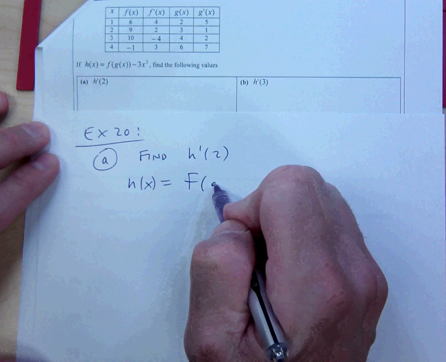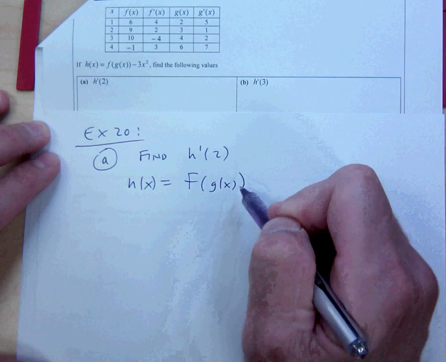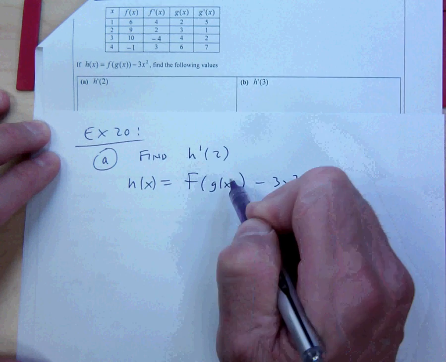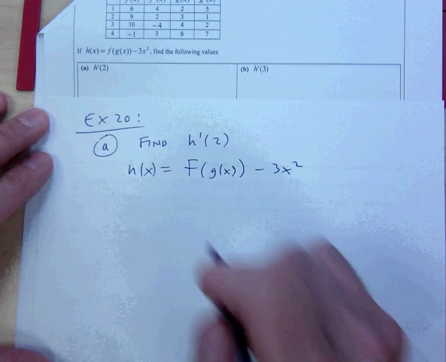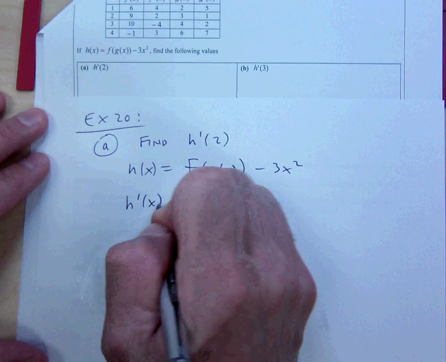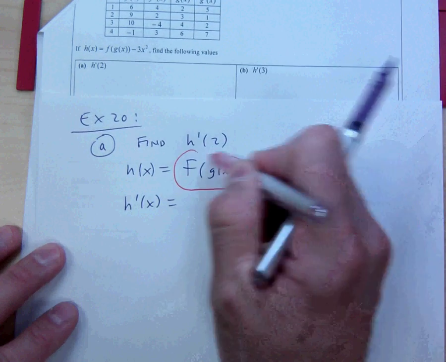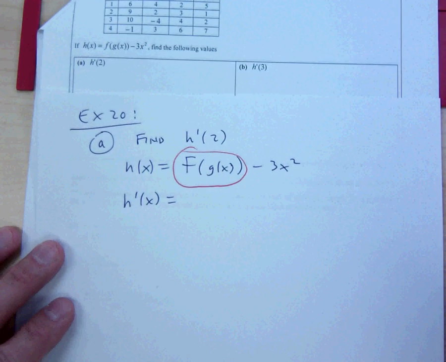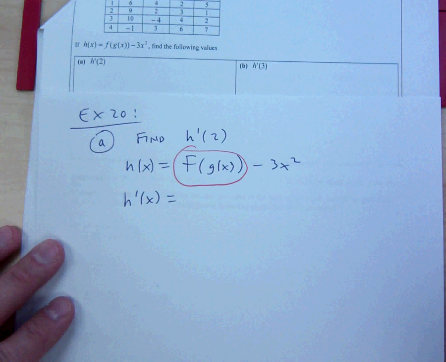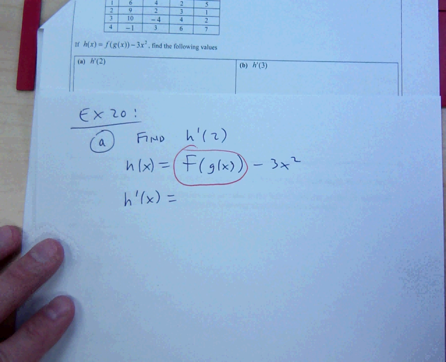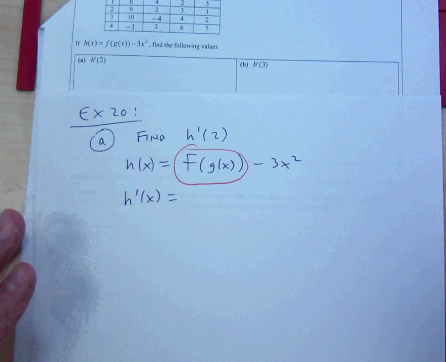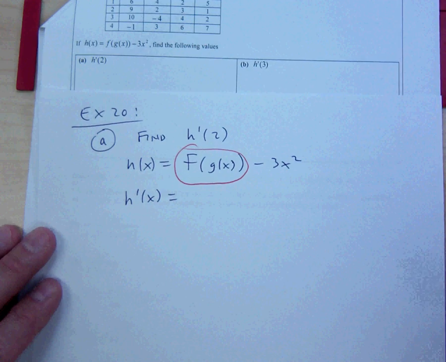Okay, so here's the given function. Okay, so I'm going to first find the derivative function, h prime of x, by looking at this as being a what? What is that? It's a composition, isn't it? So don't I have to use a chain rule on that? And again, for about the 20th time today, how does the chain rule work?